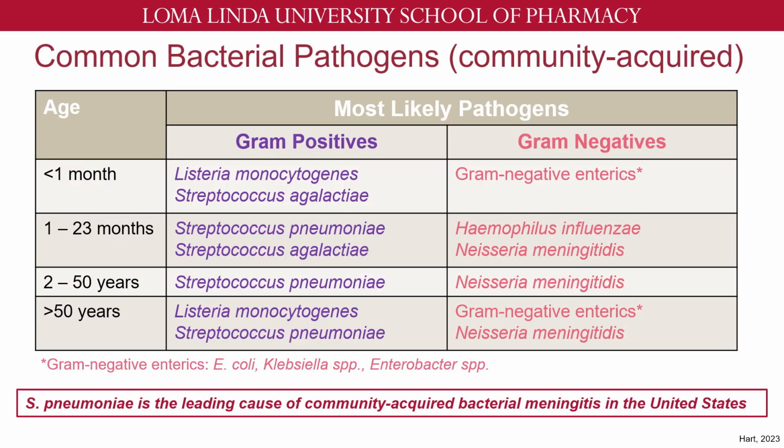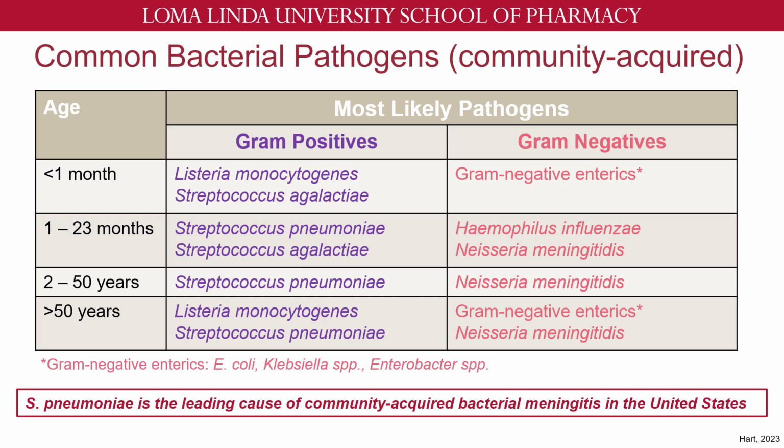All right, so these are our most common bacterial pathogens when we're looking at a community-acquired bacterial meningitis. And so this chart is divided by gram-positive and gram-negative organisms. It's also differentiated by age.